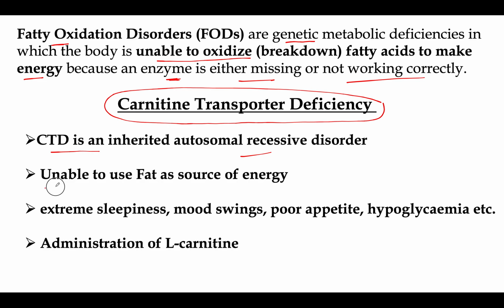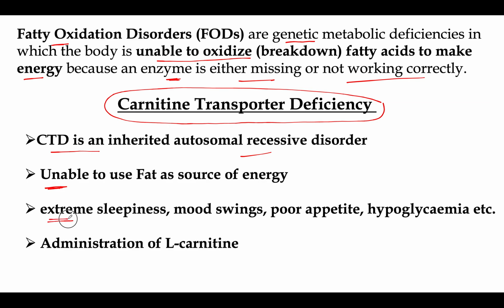In this particular disease, people are unable to metabolize fat because they cannot transfer the fatty acid inside the mitochondrial matrix. Of course, glycerol is produced. Glycerol goes into dihydroxyacetone phosphate, and that can be used for the synthesis of glucose by gluconeogenesis or for the production of ATP by glycolysis.